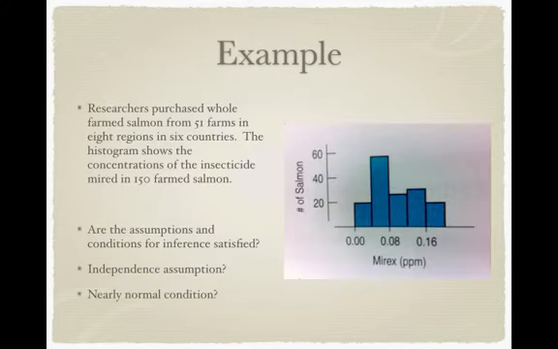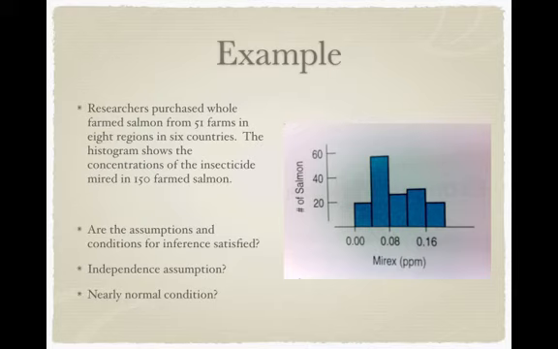So what we're going to look at is an example, and basically we're just going to look at these assumptions and conditions and see if they are met. This problem says researchers purchased whole farm salmon from 51 farms in 8 regions in 6 countries. The histogram shows the concentration of the insecticide Mirex in 150 farmed salmon.